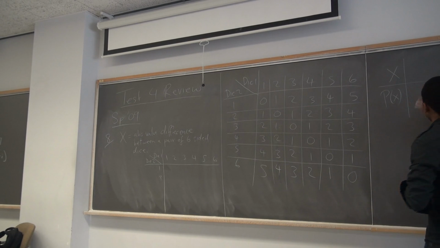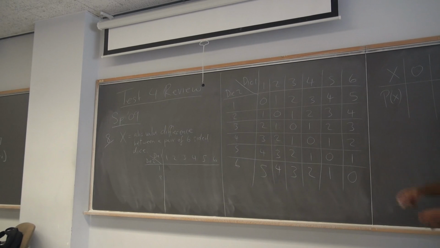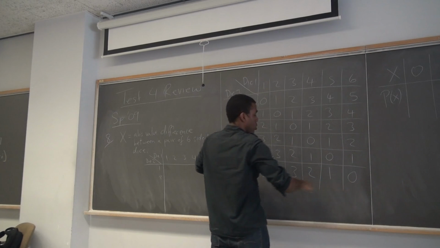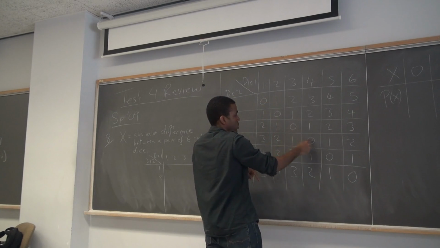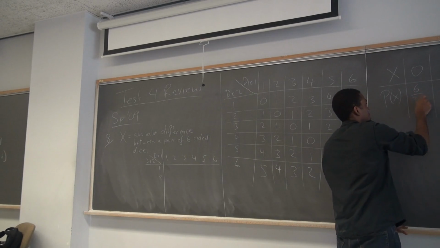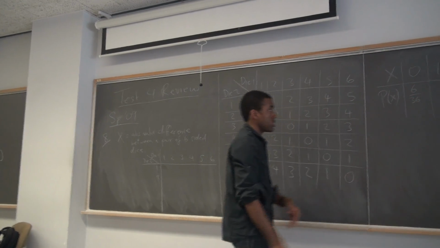Anything from 0 to 5: 0, 1, 2, 3, 4, 5. What's the probability of getting a 0? 1/6, because there are 36 total possibilities, and 1, 2, 3, 4, 5, 6 of them give you a 0. So let's leave things in base 36. This is 6 over 36, or 1/6.